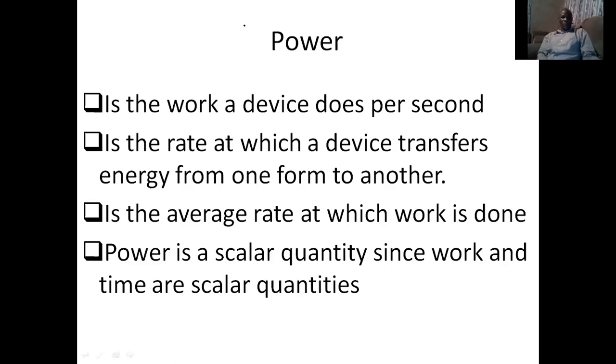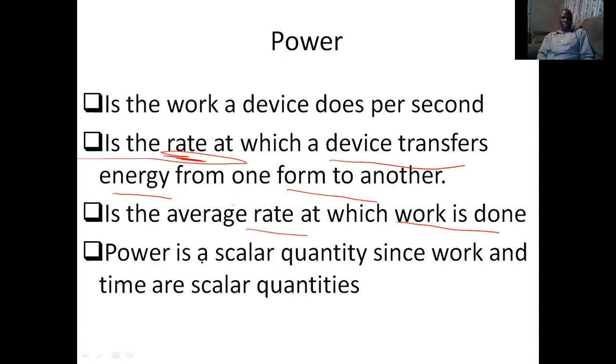And so the most important things here to note are that for power, we need to look at the rate at which a device transfers energy from one form to another, or the rate at which work is done. In other words, we are saying power is equal to work divided by time.